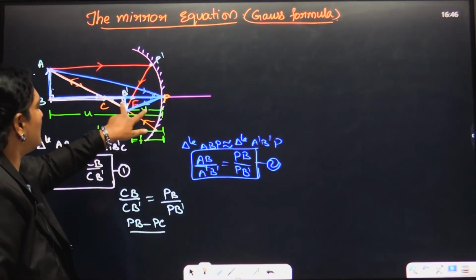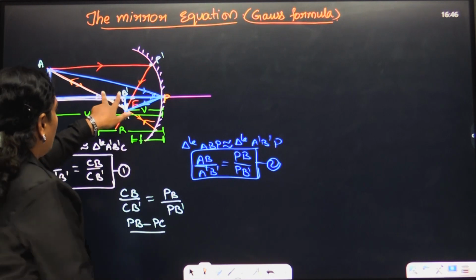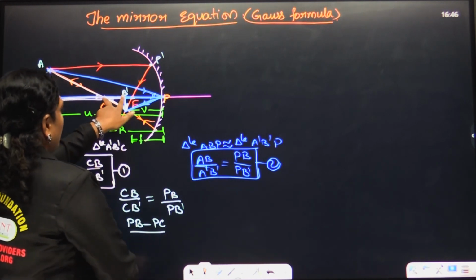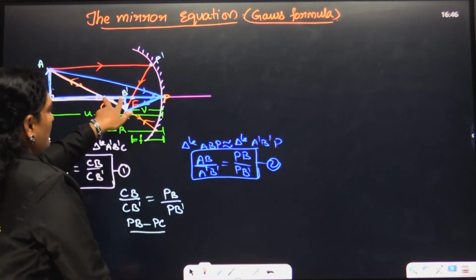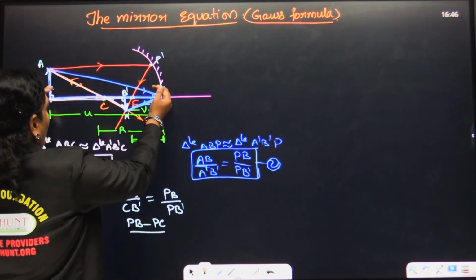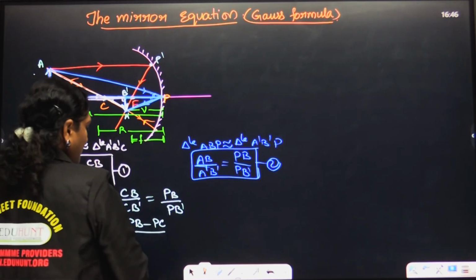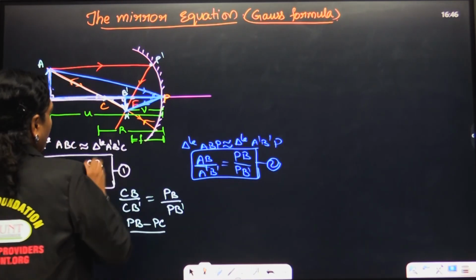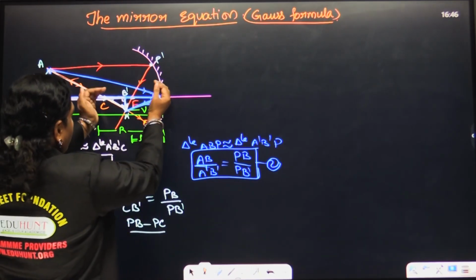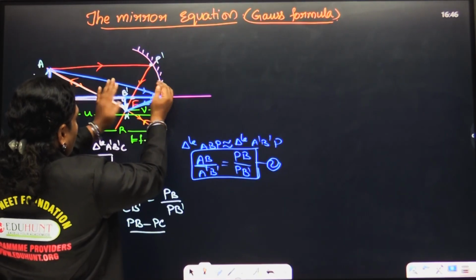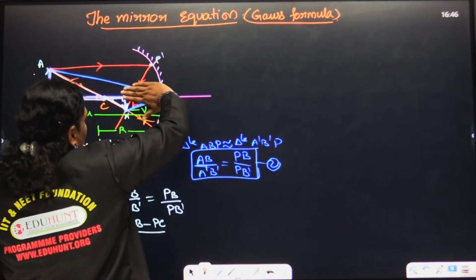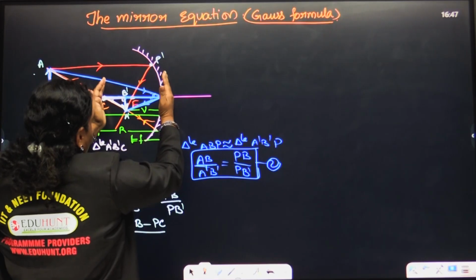Now moving to the CB dash, this portion. In order to get this CB dash, CB dash can be written as the total portion PC minus this removed portion PB dash.